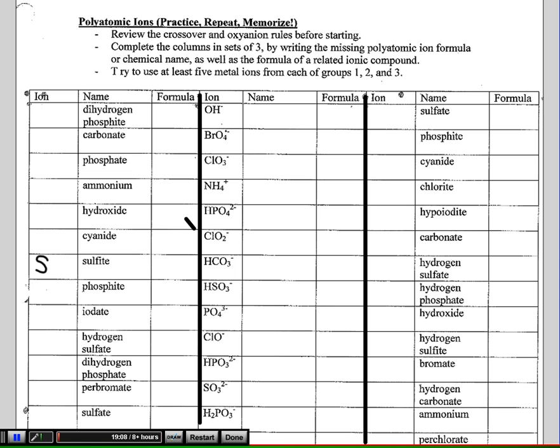So sulfite, I'm looking at SO3 2-. That's its name, and a chemical formula that contains sulfite. I want to try to use at least 5 metal ions from each of groups 1, 2, and 3. So let's use something a little bit creative from group 3. Let's say thallium. The bottom element in group 3 is thallium, chemical symbol Tl. Let's look at the charge on thallium, and in this case it looks like it's actually trivalent.